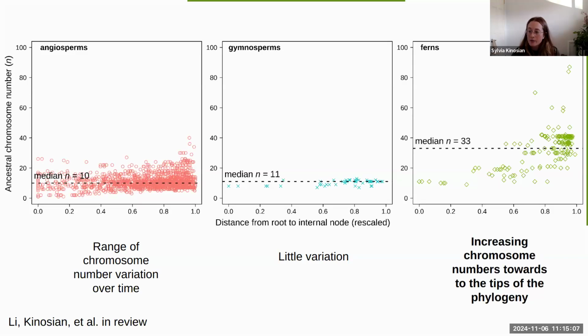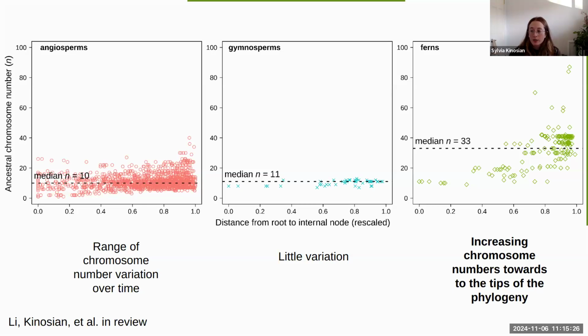And then finally, we have a really interesting trend for the ferns. We see a median value of n equals 33 for chromosome number, which is again supported by empirical evidence. But we see this increasing trend of chromosome numbers towards the tips of the phylogeny.